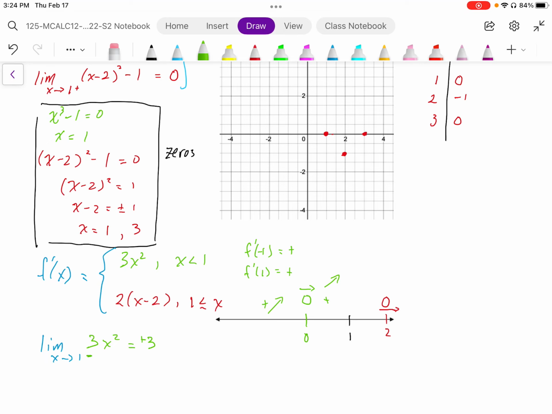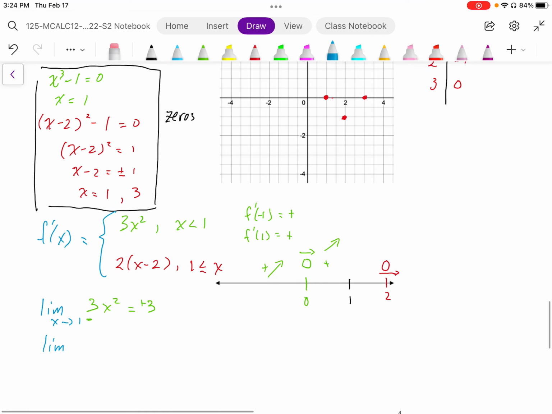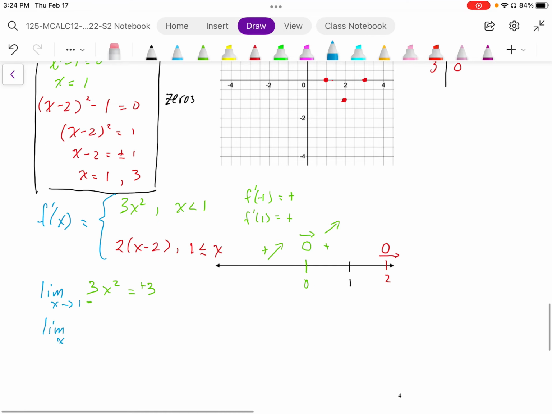But I also have to check that my limit for my slope is the same from the other side because I got to figure out what's going on at that point. So from the positive side, I'm checking the slope in that equation. And when I put 1 into that equation, I'm going to get a slope of negative 2.